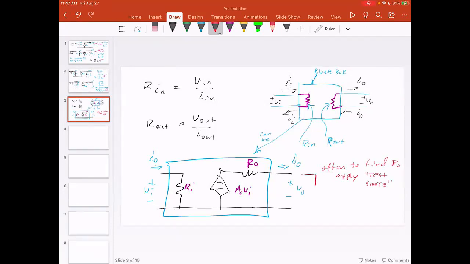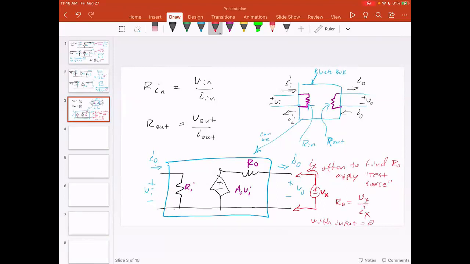is apply a test source. And in reality, we could actually do this in some situations. Apply a voltage Vx and or a current, measure the current Ix, and then R out is Vx over Ix. It's usually a circuit kind of thing with the input set to 0.